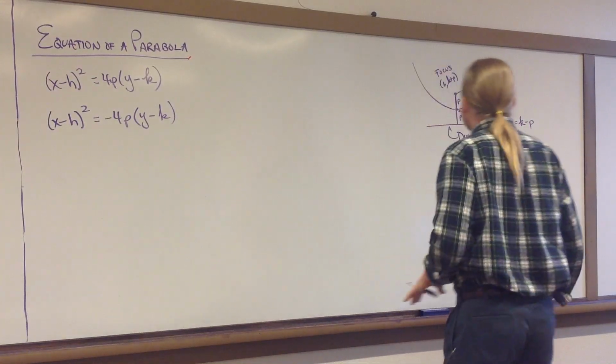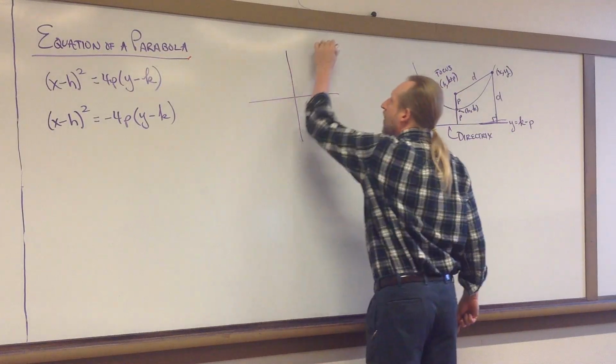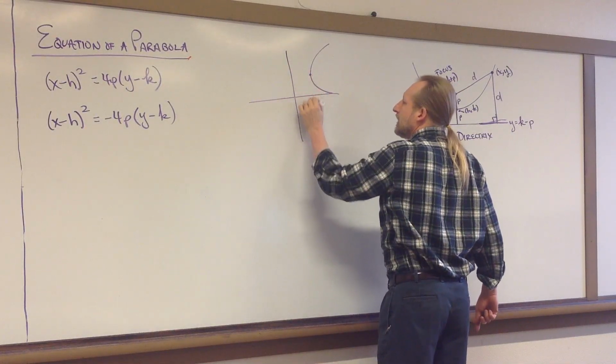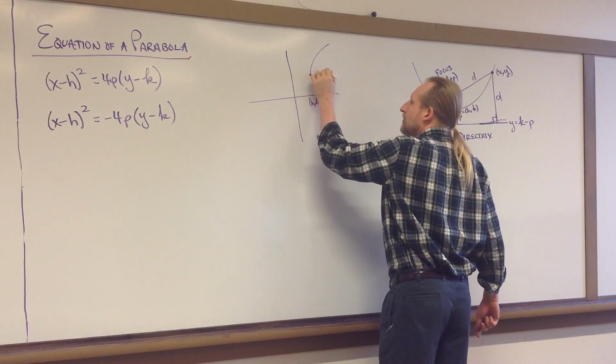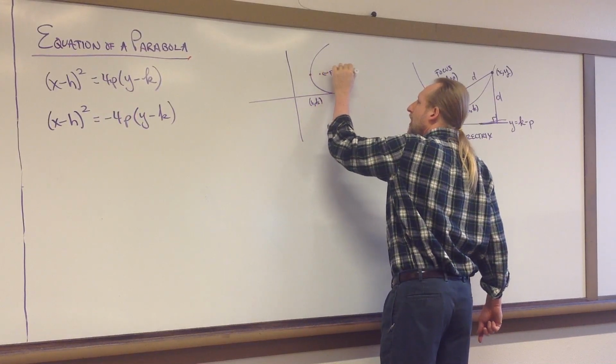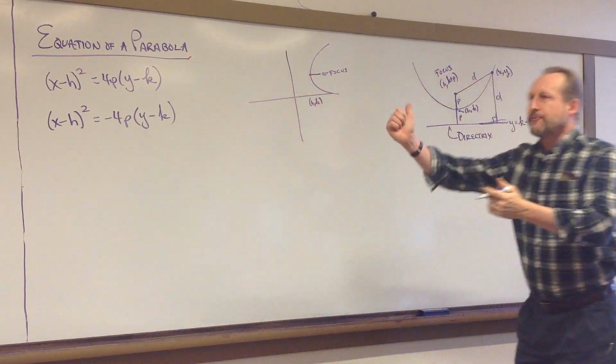Now, if we turn this parabola on its side, like this, now your vertex is here at h, k, you've got your focus here, but the trick for that is that now the focus is shifted to the right.